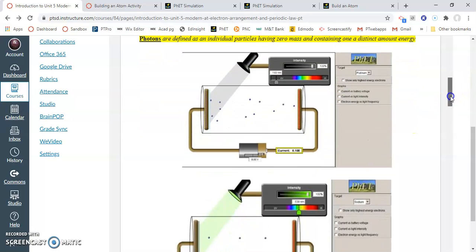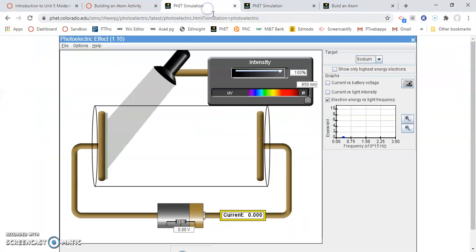If we look at this really quickly as a simulation, what we'll see here is that the light frequency can be adjusted here.